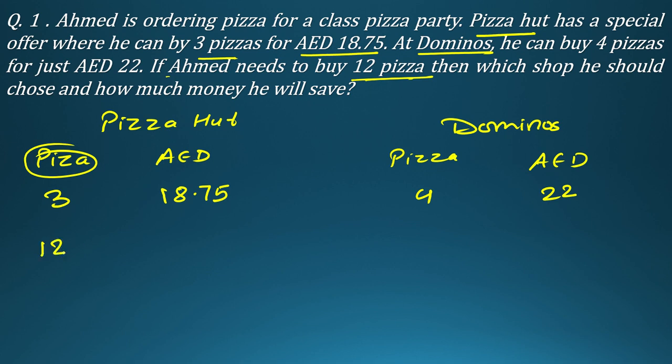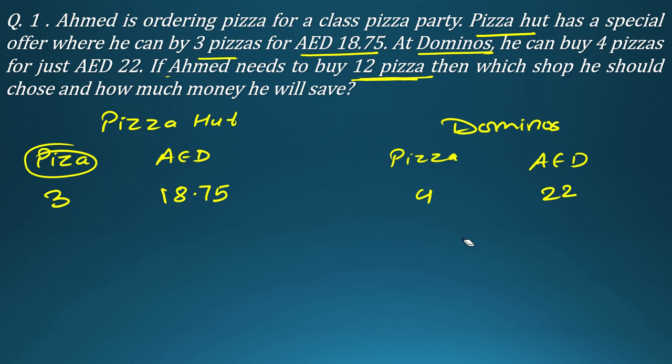Here he wants 12 pizzas. You can do this question in two ways. Because they can be divided directly, you can do it that way. Otherwise, you can find the price for one pizza and then multiply the difference by 12, because you need to find it for 12 pizzas.